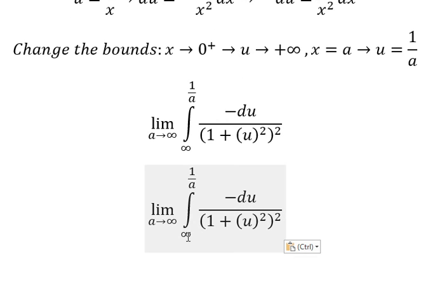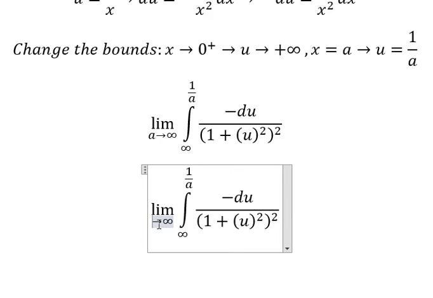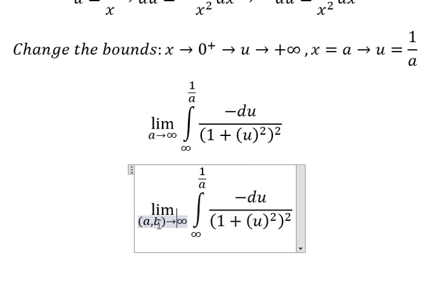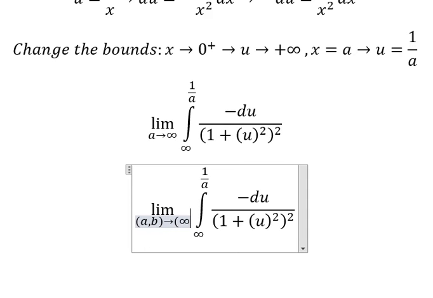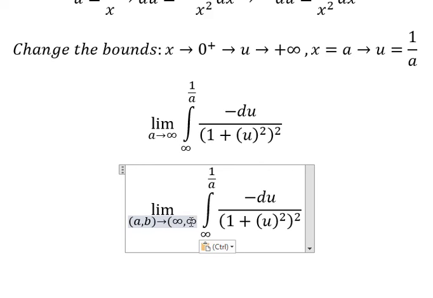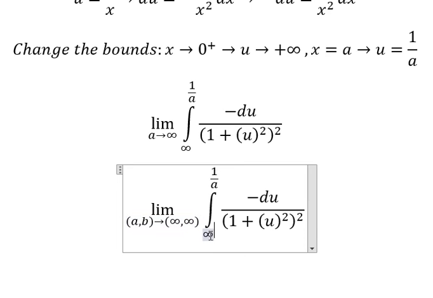So for this one, we can change to a and b. They will go to positive infinity. So we put b in here.